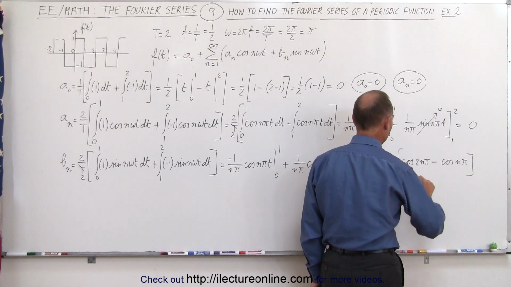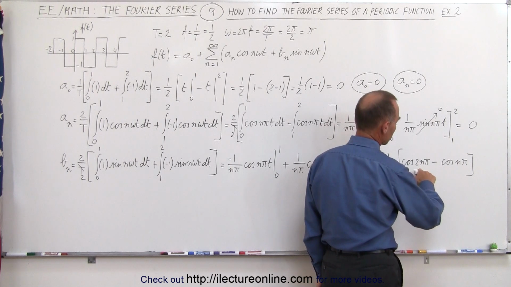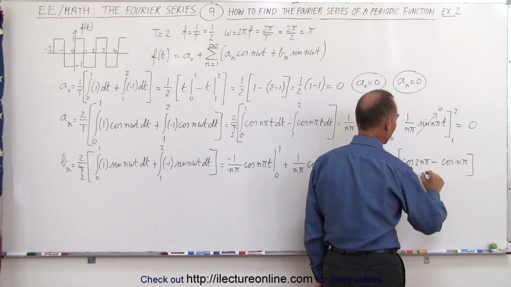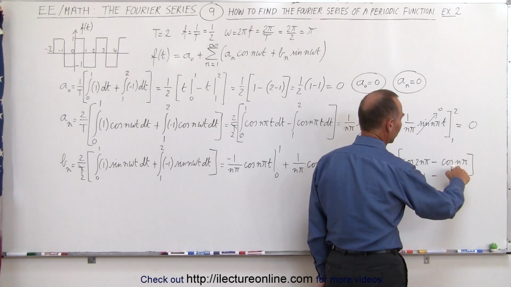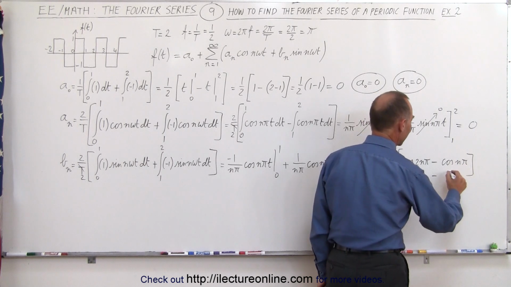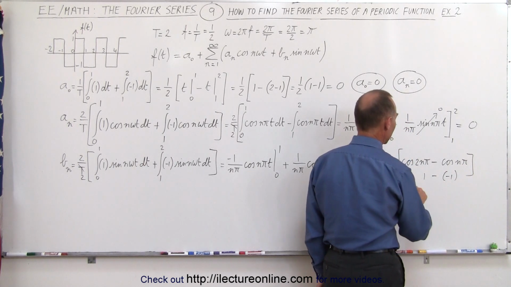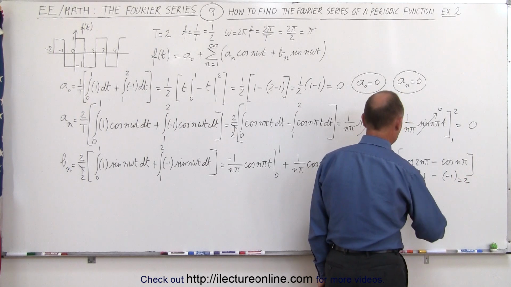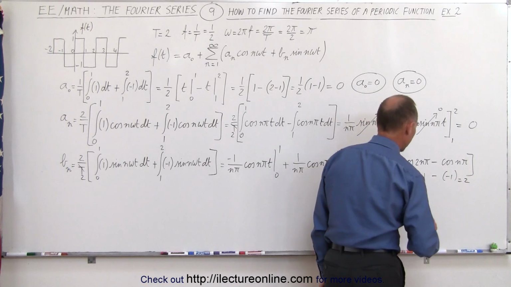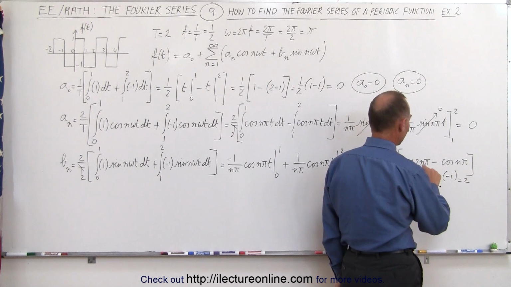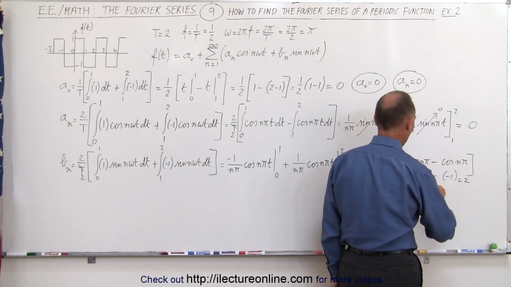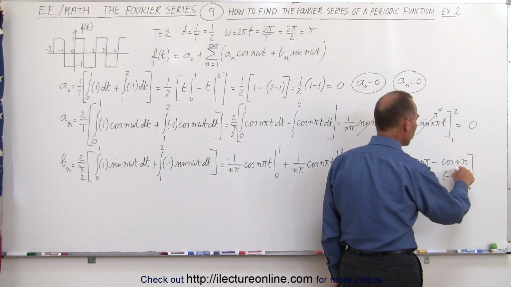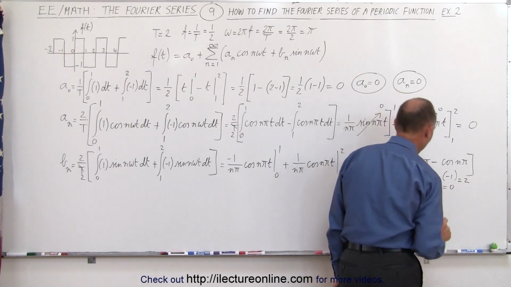When n equals 1, this will be cosine of 2 pi, which is 1, minus the cosine of 1 times pi, which is negative 1. So when n equals 1, 1 minus minus 1 is equal to 2. When n is equal to 2, we get cosine of 4 pi, which is 1, minus cosine of 2 pi, which is 1, which is 0.